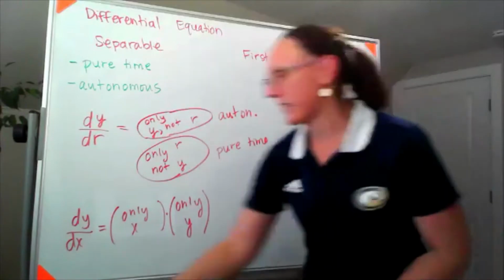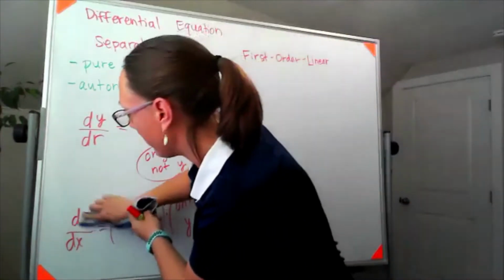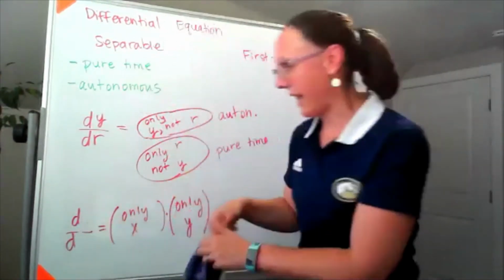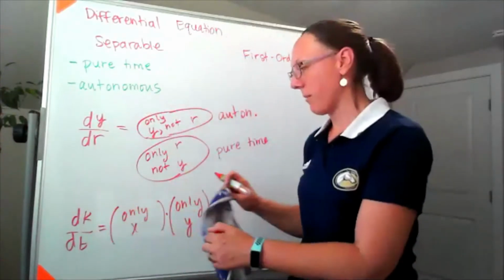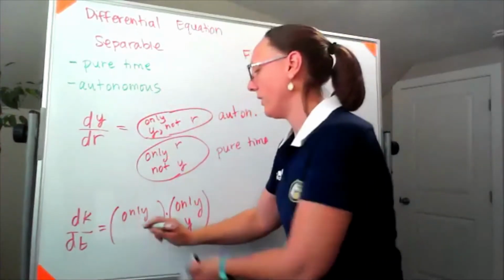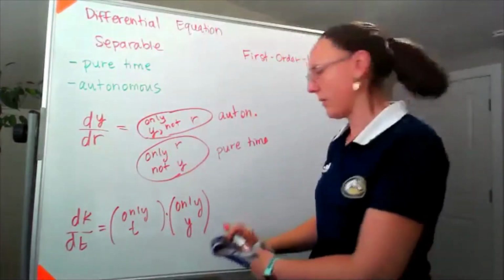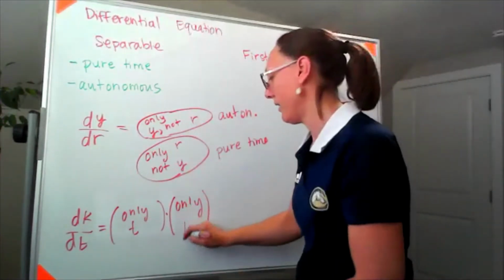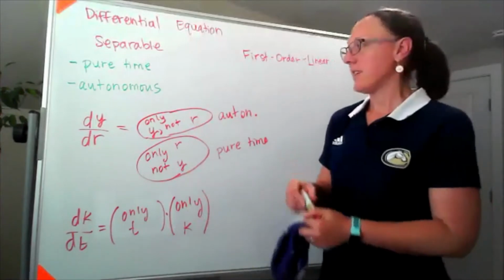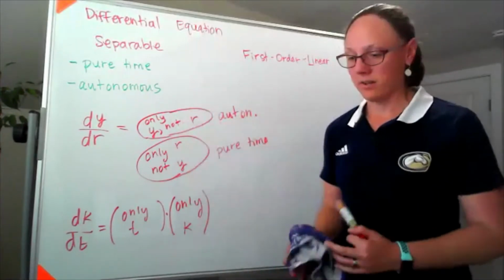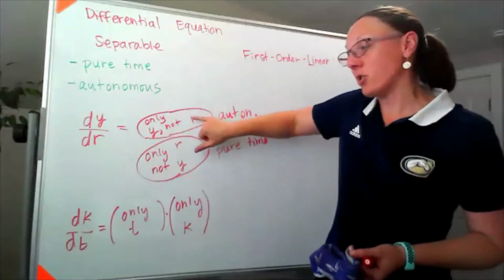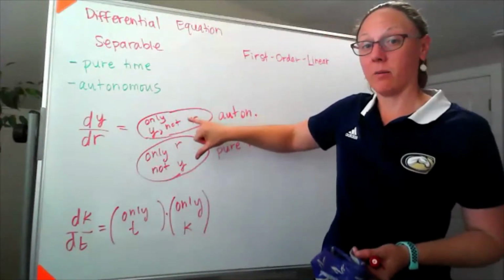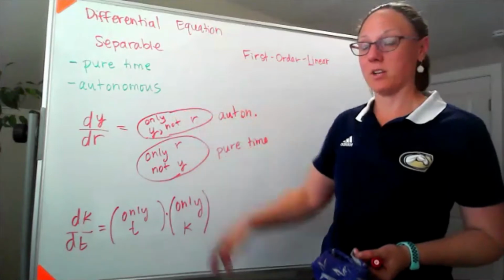So if this had actually been dk/dt, then I would need to be able to write this as something with only t times something with only k. So any of these forms we would call separable, but these two have particular names, autonomous and pure time.